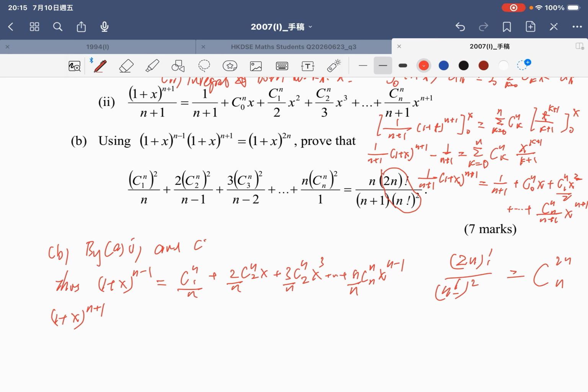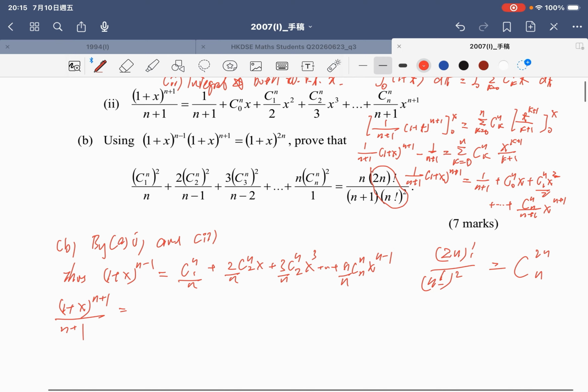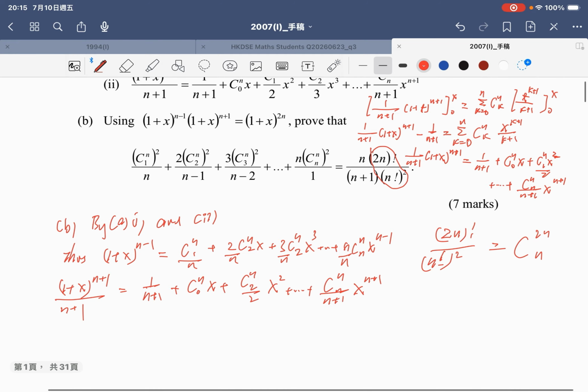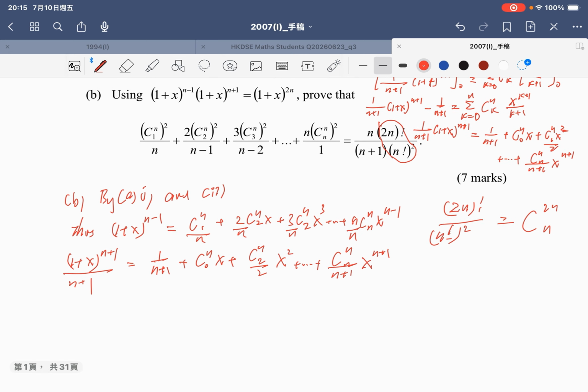This is 1 over n plus 1; this can be 1 over n plus 1 times nC0 times x, nC1 over 2 times x to the power 2, up to nCn over n plus 1 times x to the power n plus 1, and multiply n plus 1 to both hand sides.